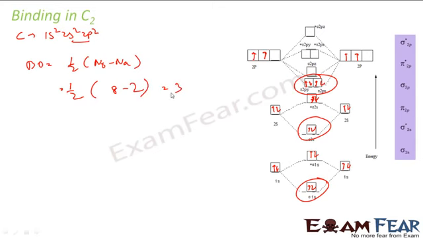So that means it is a carbon-carbon triple bond. So there is a mistake here. 2 and 2, 4. It is 4 here. So 8 minus 4 by 4, it is 2. That is a double bond. Also it is stable because it is greater than 0. And there is no unpaired electron, so it is diamagnetic.